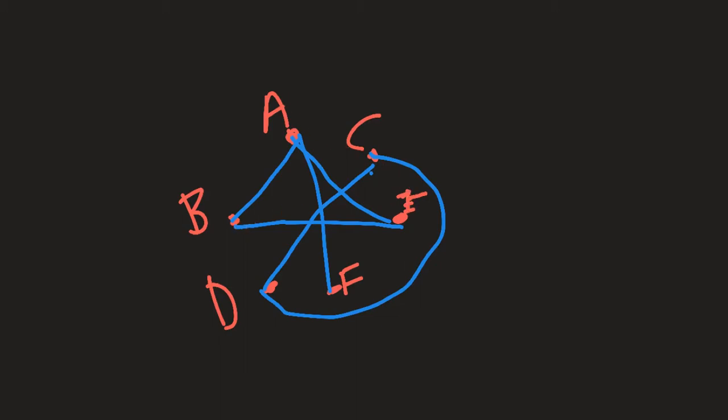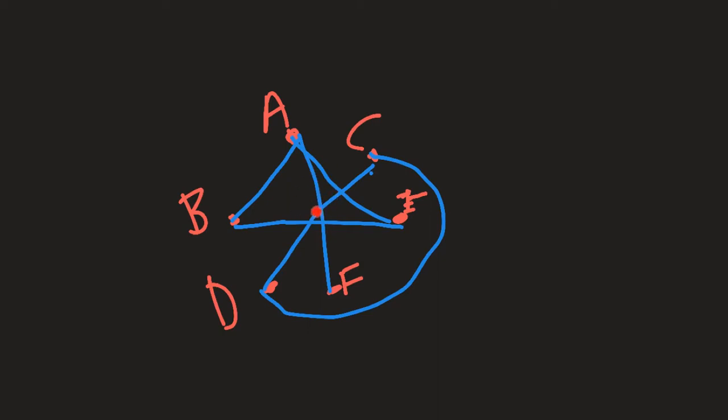But how could you get from A to C? Is there a direct connection from A to C? Go like this from C to D. Or you can go like this from C to D. There's actually no way to get from A to C. There's no node or vertex here in the middle that connects these edges.